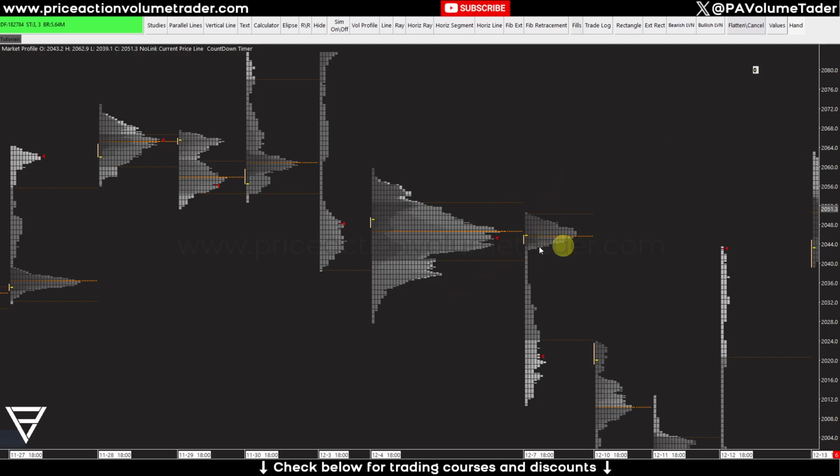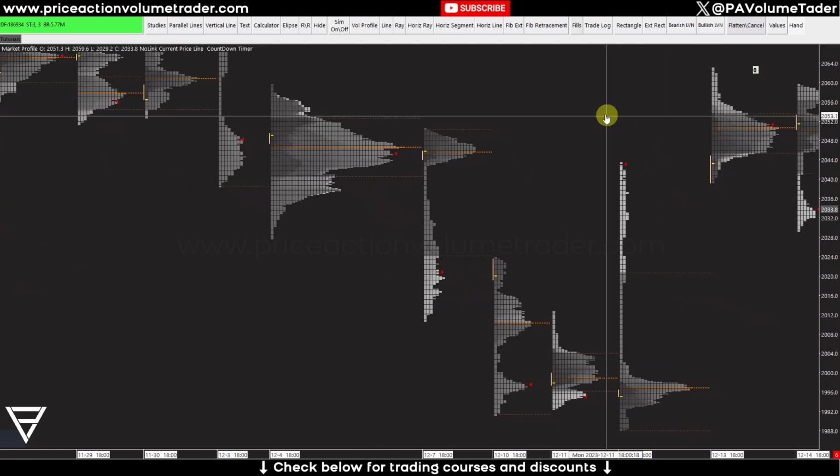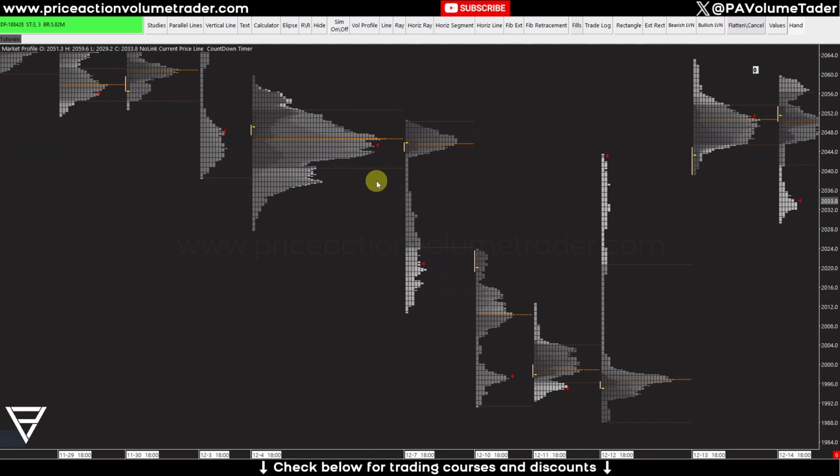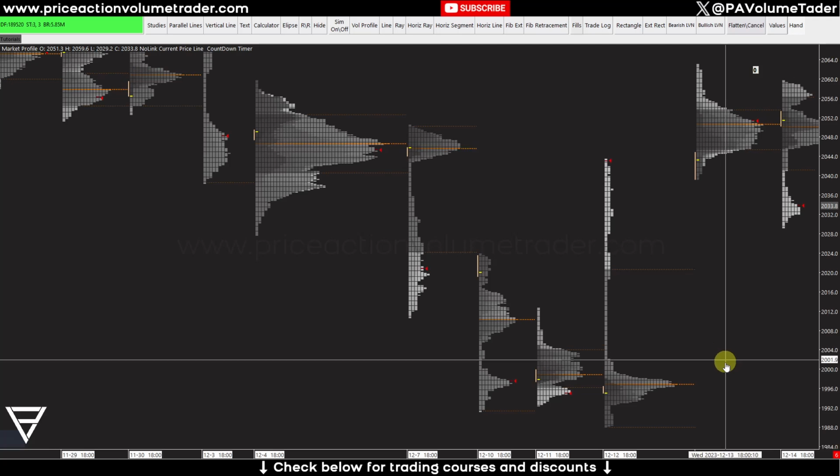And you can see how on this day 4 we opened up pretty much exactly in the middle of the balance of this composite, but then we had a very strong move and closed down here at the bottom, not just outside the value area, but even beyond the extremes of the composite. So this is a very strong clue that we possibly have a trend down starting.